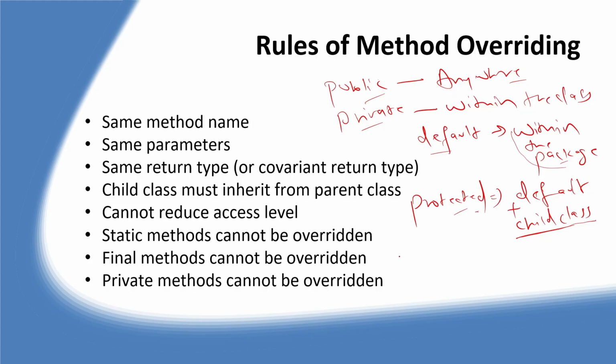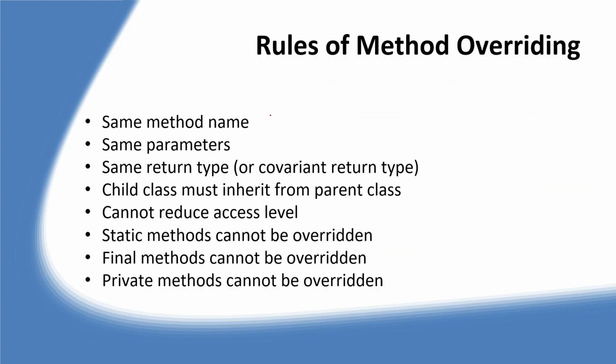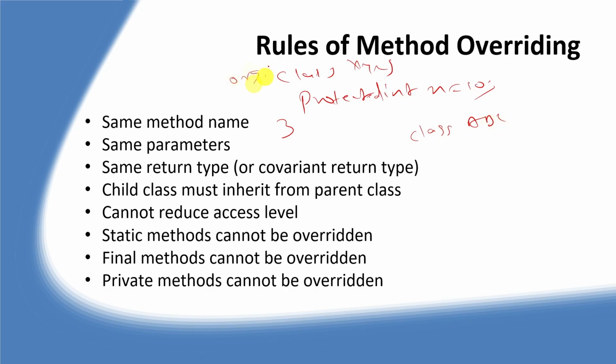So let's say I define protected inside any class, let's say class xyz, a random class, protected int x equal to 10. Now let's say class abc, and this is outside the package, some other package, let's say org.learn.abc.